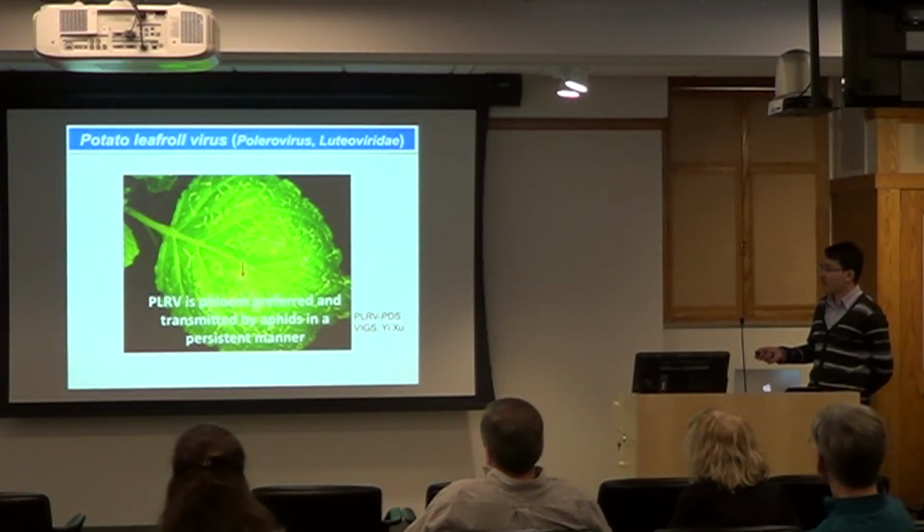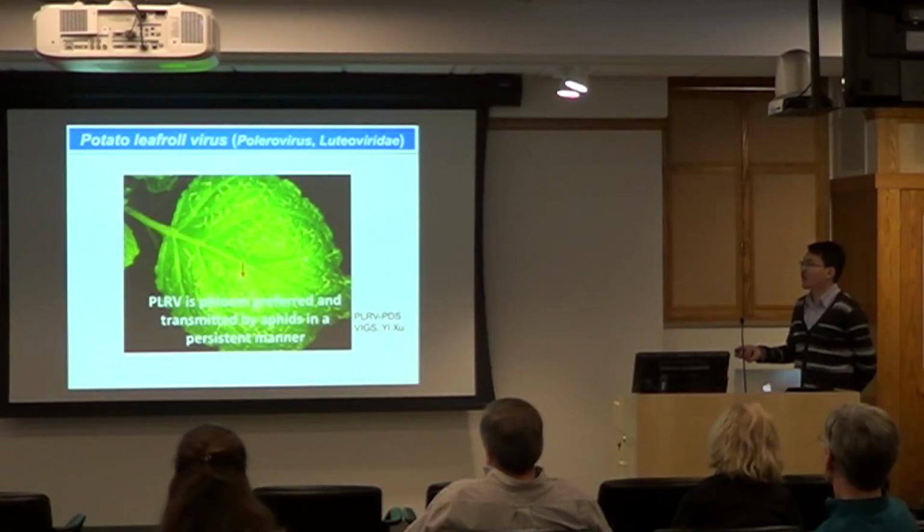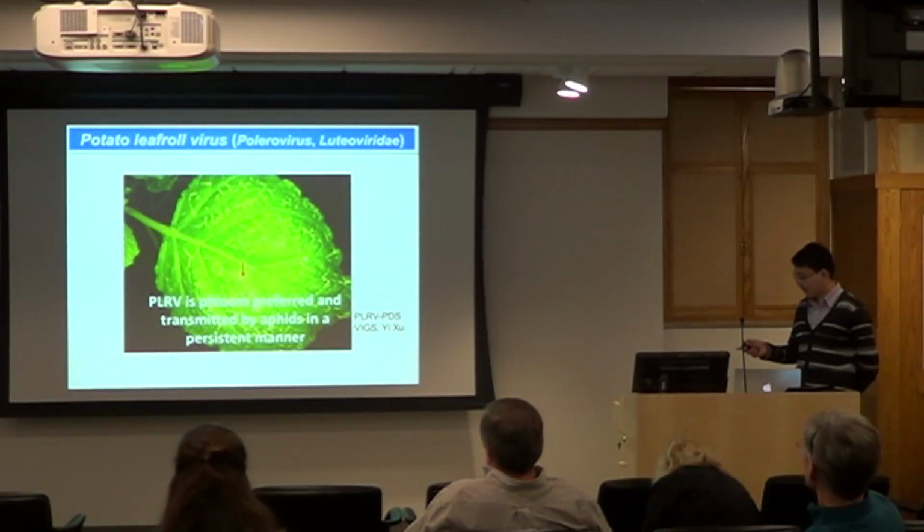Here I'm showing you a picture where we constructed a virus-induced gene silencing vector using the leafroll virus. When we silence the target gene, we can see a lot of branched areas. That area represents the localization of the virus. The virus is really phloem limited.